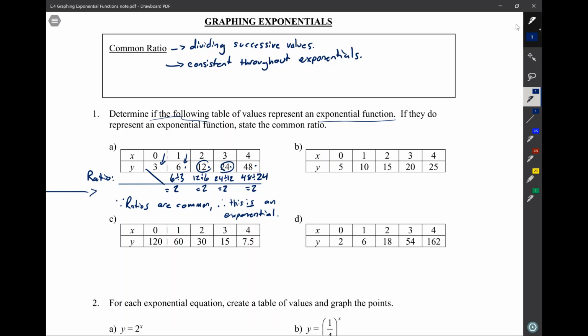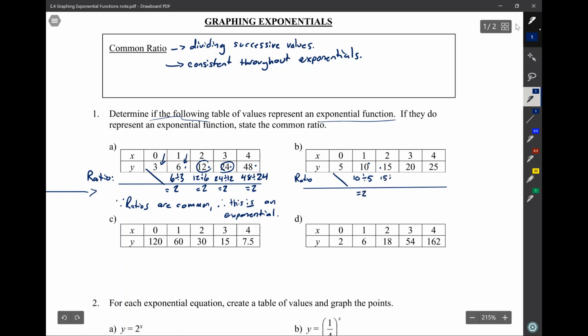And we can try that same strategy for example B. Our ratio, we don't calculate anything for the first one, and then we do 10 divided by 5. Well, 10 divided by 5 equals 2. And then we do 15 divided by 10.